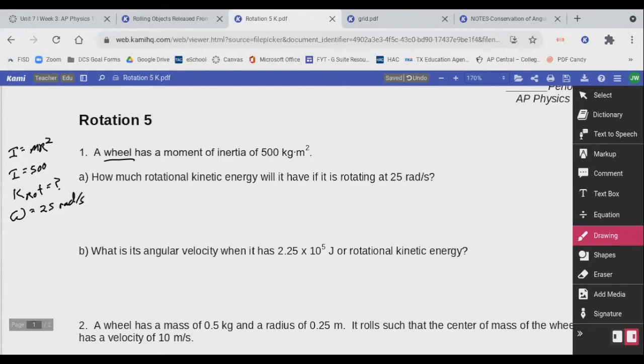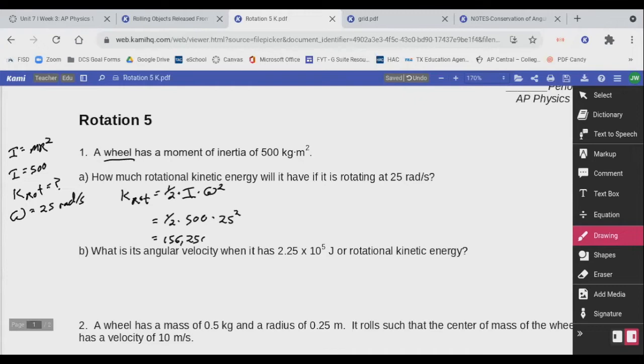So if I know that K rot is equal to 1/2 times I times omega squared, that's just a formula straight off the formula chart. So K rot is 1/2 I times omega squared. Then that's going to equal 1/2 times I, which is 500, times omega squared, which would be 25 squared. I feel like that's just way too easy, but it kind of is.